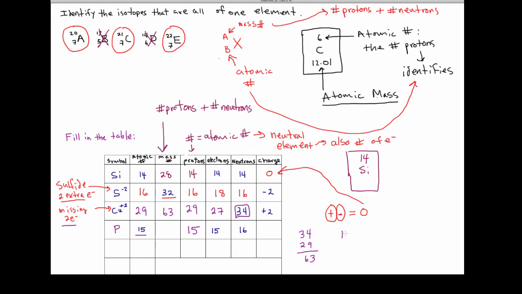It's going to be the number of neutrons, which they tell us is 16, plus the number of protons, which is 15. So 5 and 6 is 11, carry the 1. So our mass number for this element is 31.